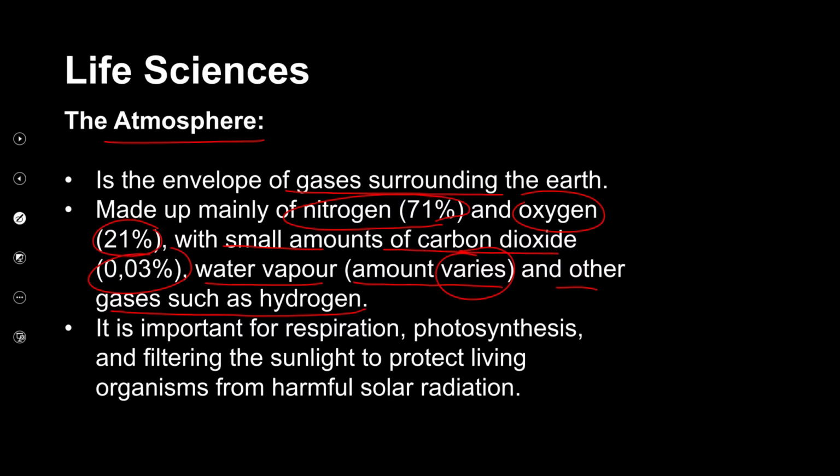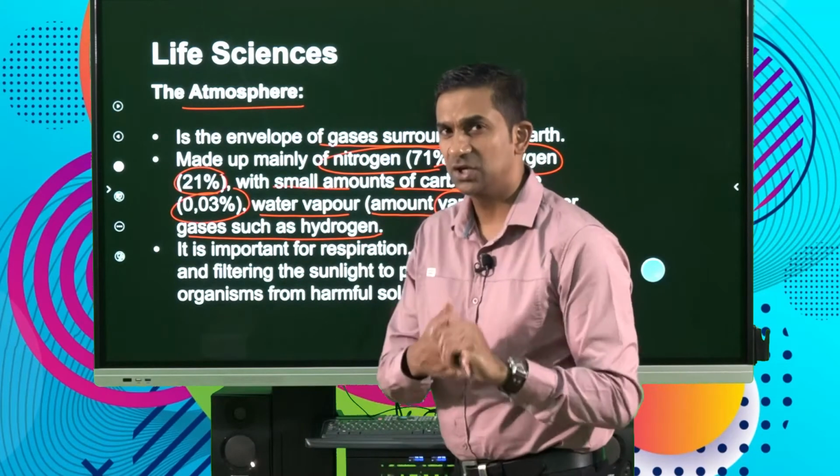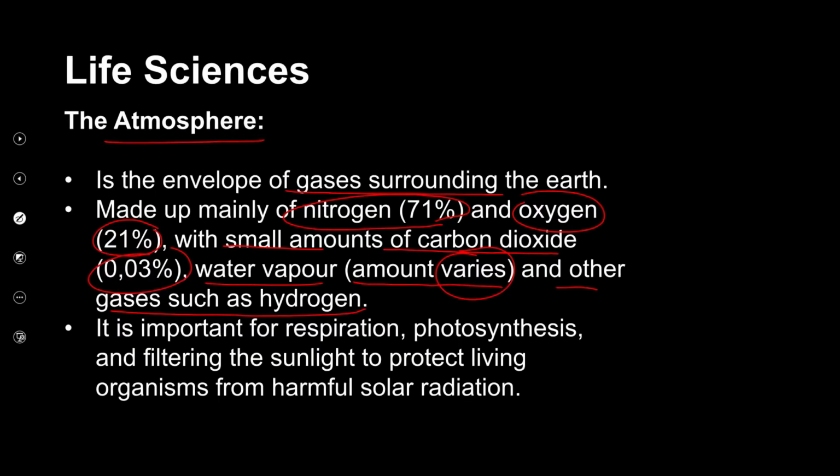Why is the atmosphere important? The oxygen, the gases that are vital, are important to supporting important processes like cellular respiration, photosynthesis. So we will look at the impact that that has on living organisms. So processes such as respiration, photosynthesis, and the filtering of sunlight help to protect living organisms from the harmful solar radiation.